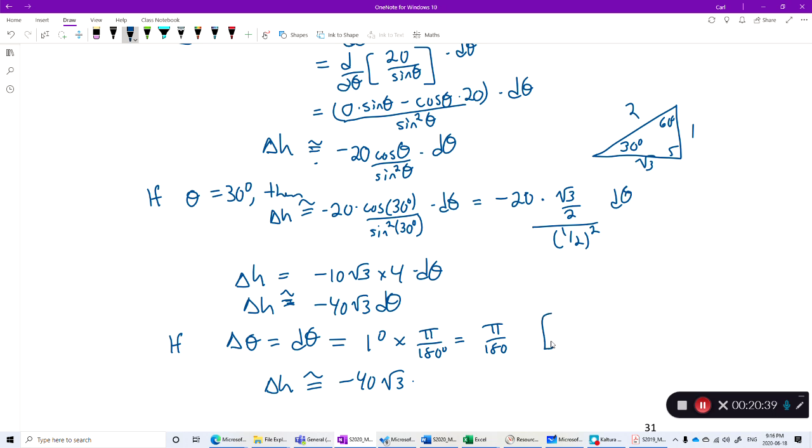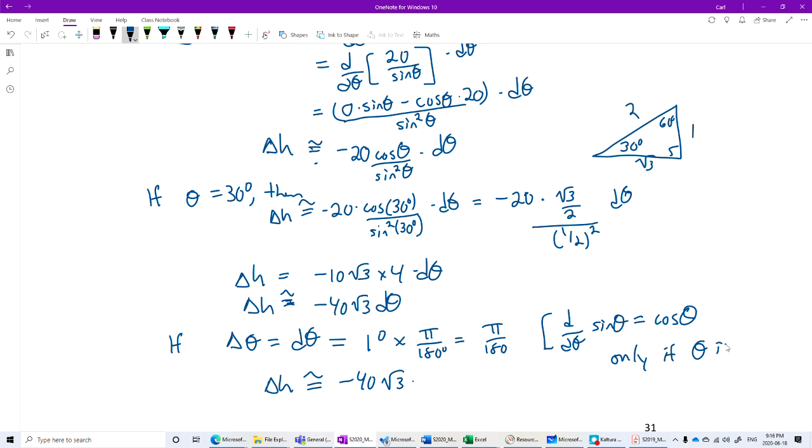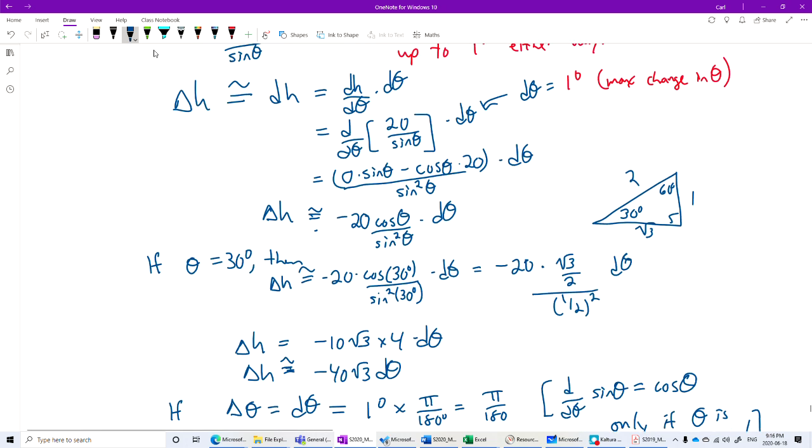Why do I have to use radians? Because the derivative of sine theta is cos theta only if theta is in radians. So where did we assume that?